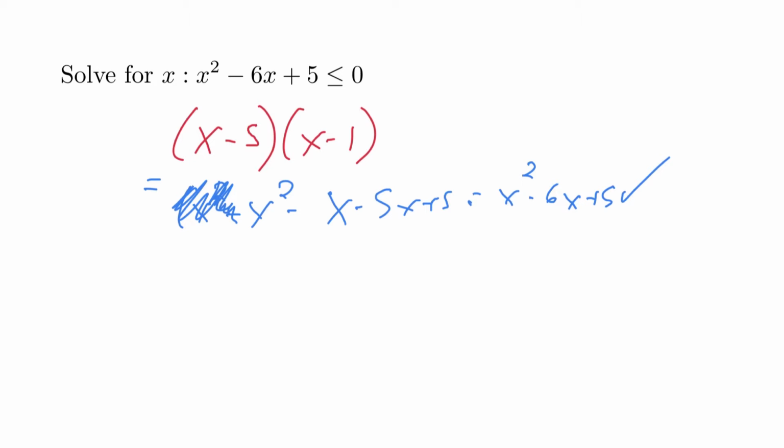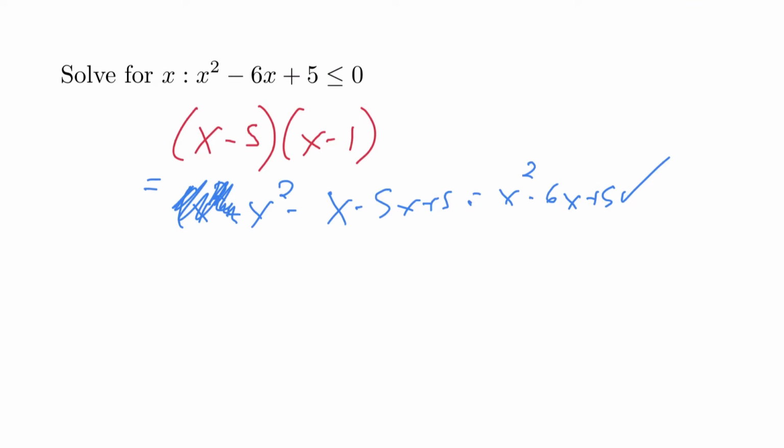And then I check. In order to have my inequality hold, I need x minus 5 to be positive and x minus 1 to be negative, or vice versa. So let's look at the two cases. If x minus 5 is less than or equal to 0, that tells me x needs to be less than or equal to 5.